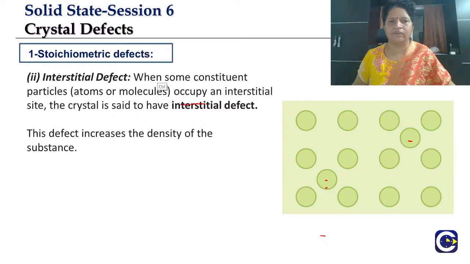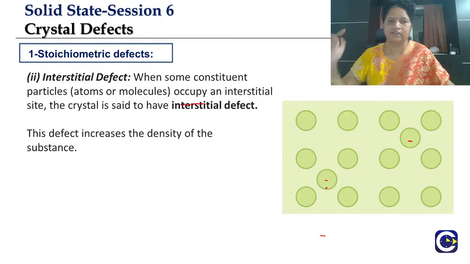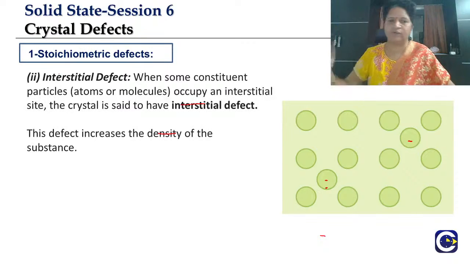So when some constituent particle, atoms or molecules occupy an interstitial site, if a foreign body, or some extra atom, occupies the interstitial site, then the density of that substance will increase. Instead, if the same ion is moving from its place and occupying the interstitial site, then the density will remain the same. There are two conditions here.